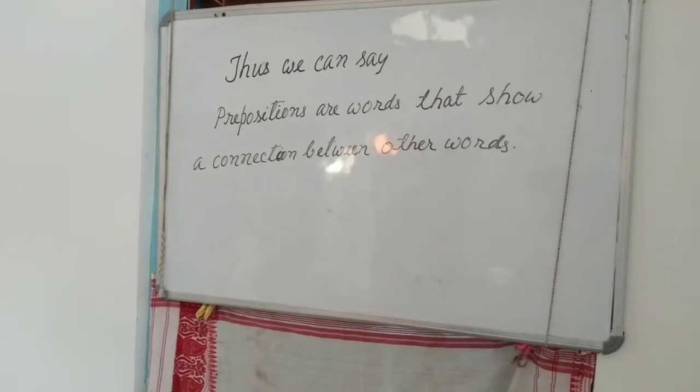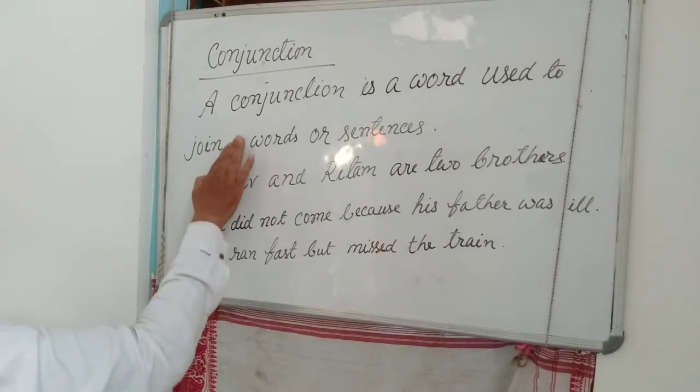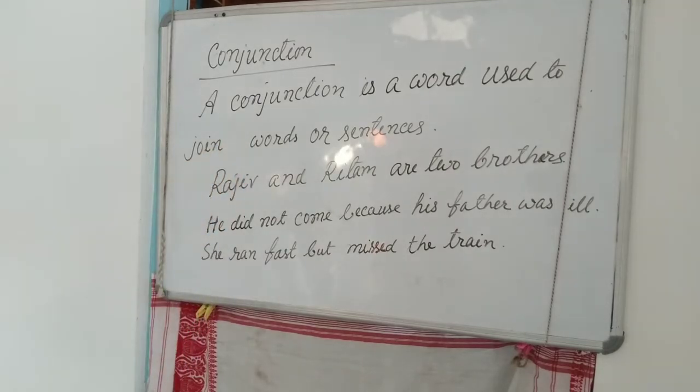Let's come to the next one, which is conjunction, which are connecting words. These are like nuts and bolts, joints in a sentence. A conjunction is a word used to join words or sentences.